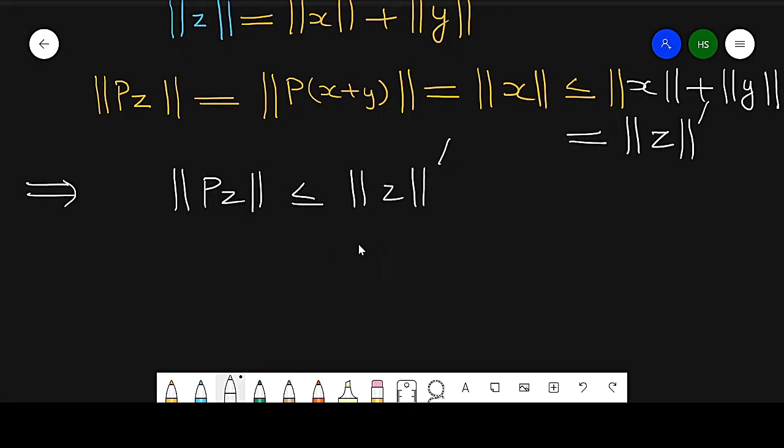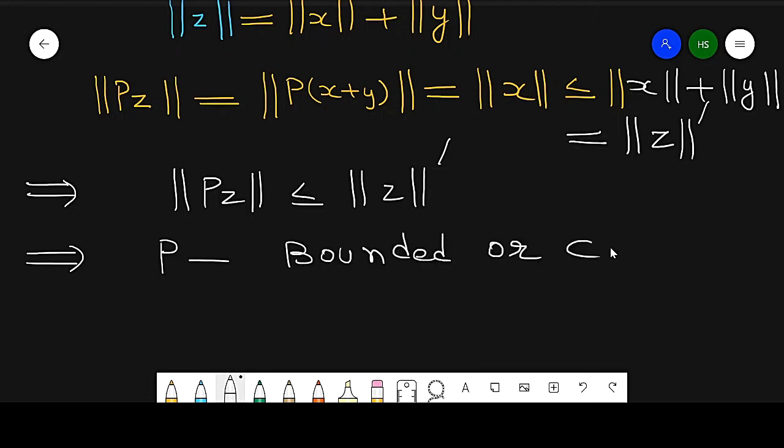This is a new norm. So hence P is a bounded operator, or we can say that it is continuous, because in a Banach space every bounded operator is continuous and every continuous operator is bounded.